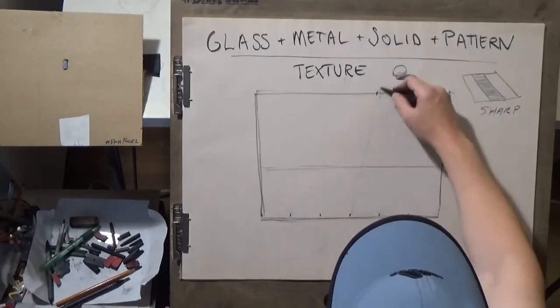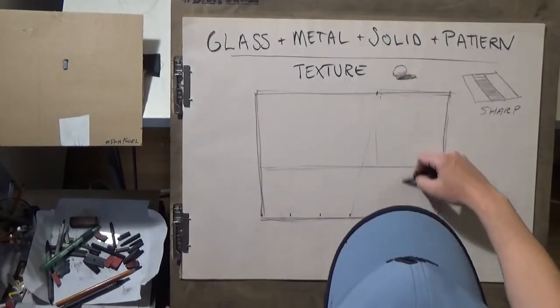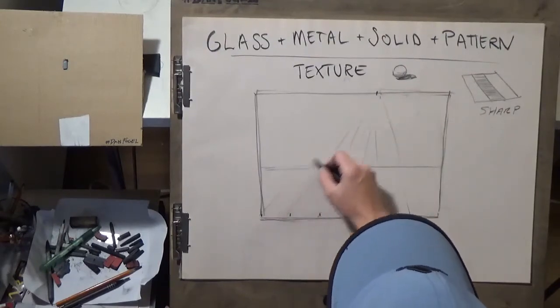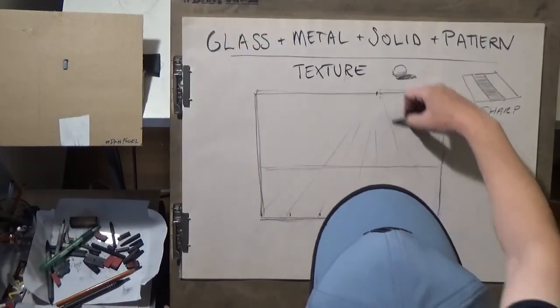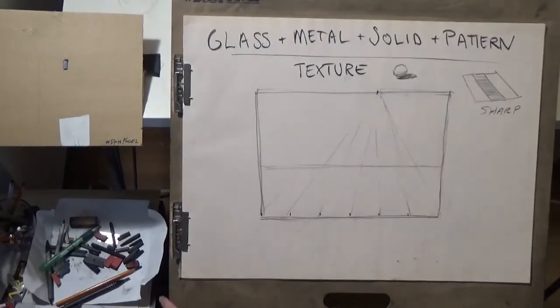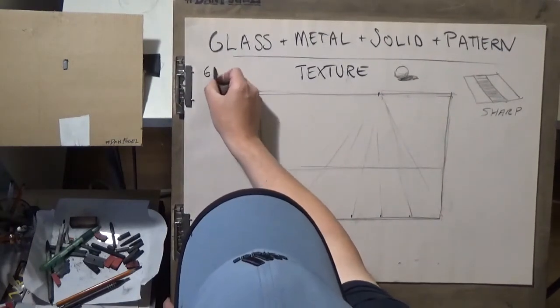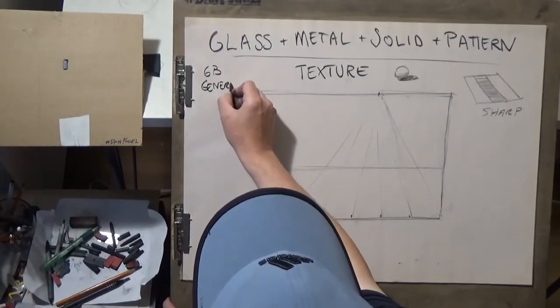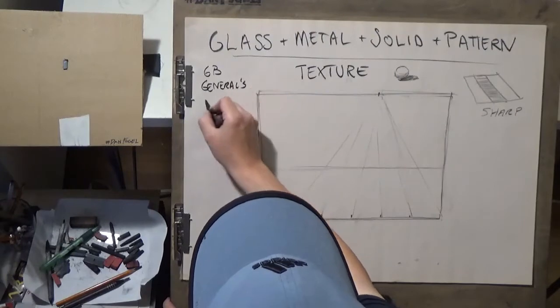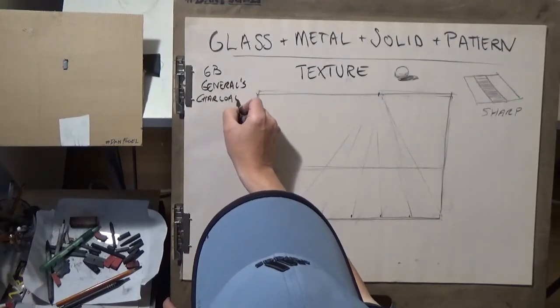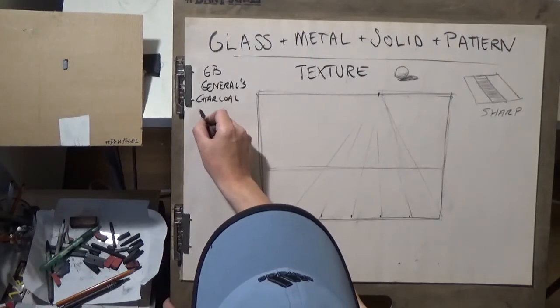I just want to connect these orthogonals, or these depth lines, off to that vanishing point. So I start to form a pattern, a simple pattern, and that's what we're dealing with right now. And this is, by the way, 6B General's charcoal on newsprint.